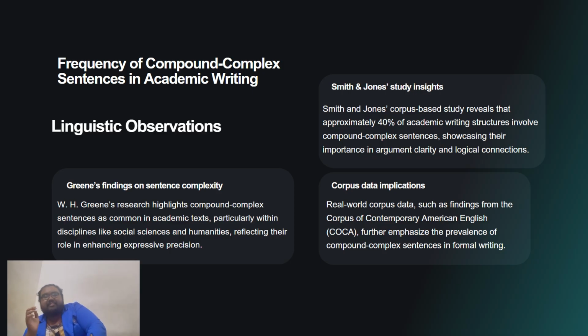Smith and Jones study insight: Smith and Jones's corpus-based study revealed that approximately 40% of academic writing structures involve compound-complex sentences, showcasing their importance in argument clarity and logical connection.